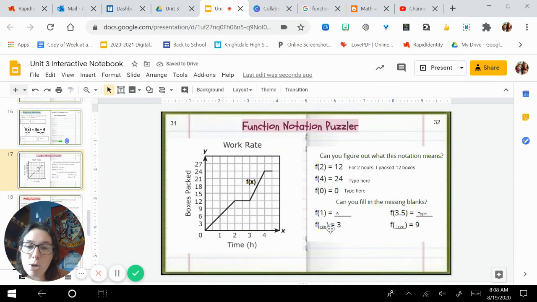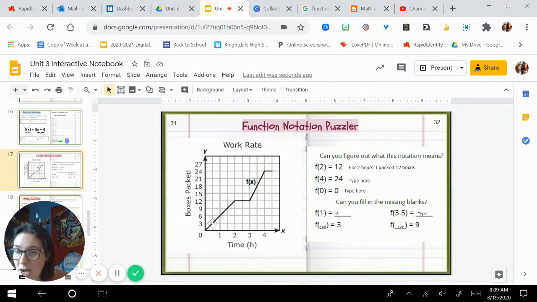All right, now let's do one where they want us to find the x value. So it says f of what equals 3. So 3 is not an x value because it's equals 3. That's the y value. It's the output. So what x gives me an output of 3? I'm going to look for 3 on the y-axis, not the x-axis. So I'm going to go up to 3, and I'm going to go over till I hit the graph.